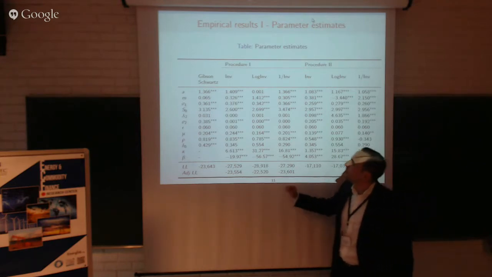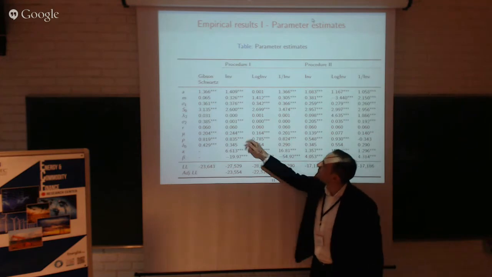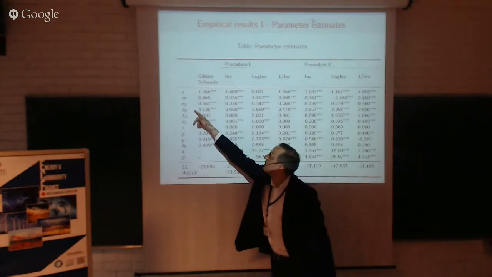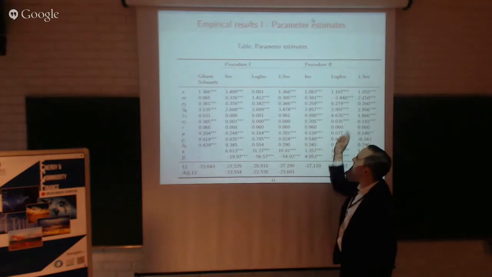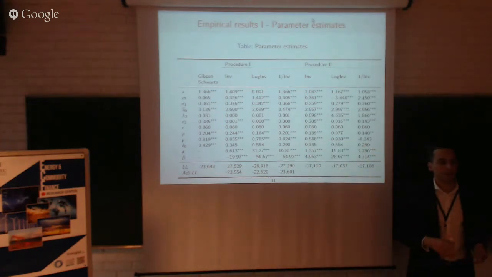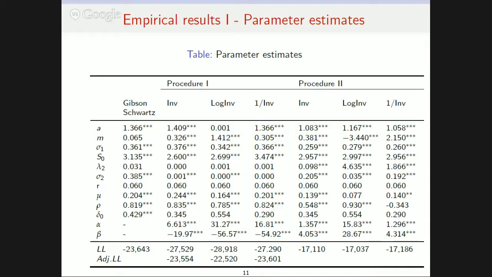And for example, in the volatility of the spot price process, we have quite similar parameter estimates. So there we have no huge outliers, which are completely different from Gibson and Schwartz, which makes a lot of sense.